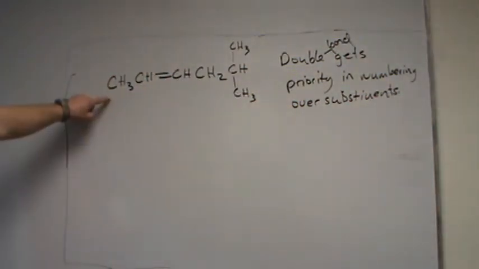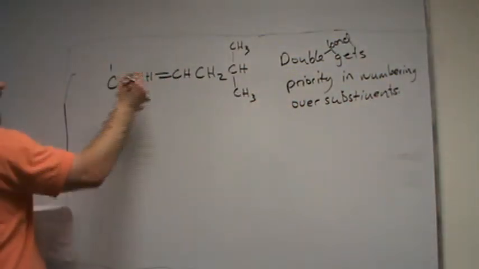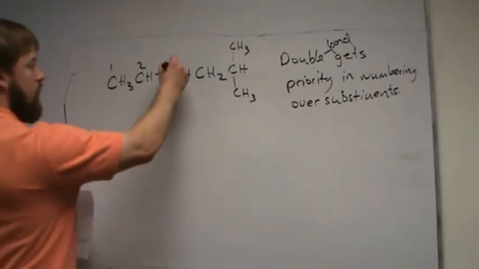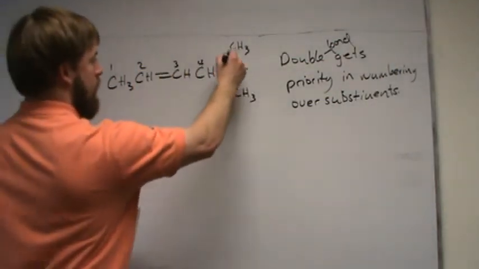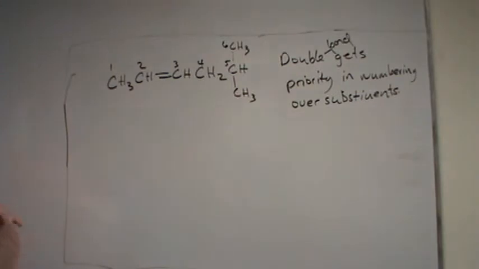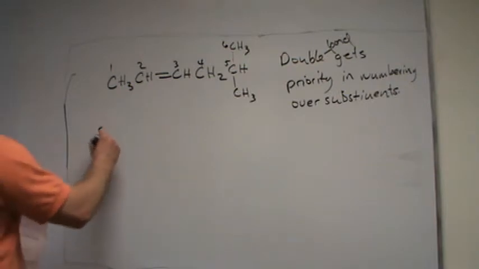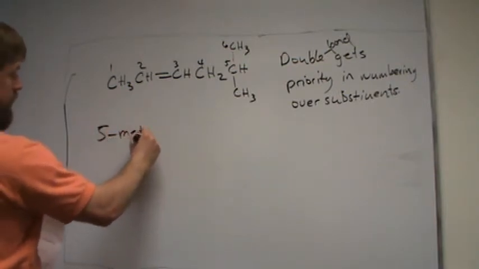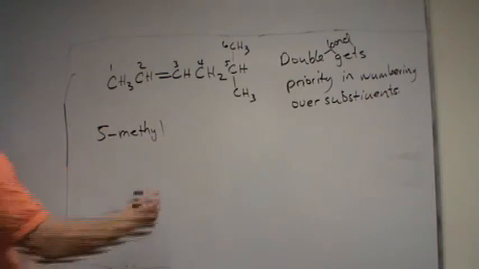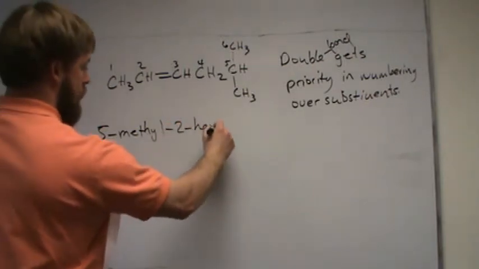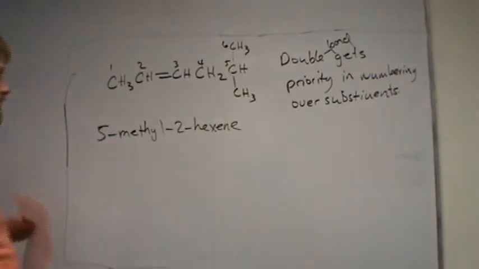Because of that, we start our numbering here. So our alkene starts at carbon 2. Our longest chain has 6 carbons, so it's hexene. We have a methyl substituent at the 5 position. So it's going to be 5-methyl-2-hexene.